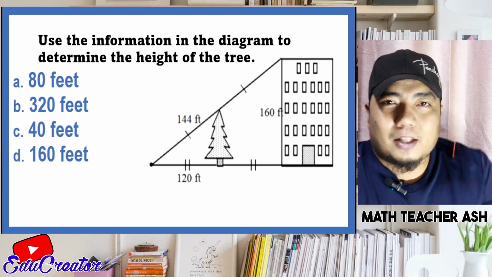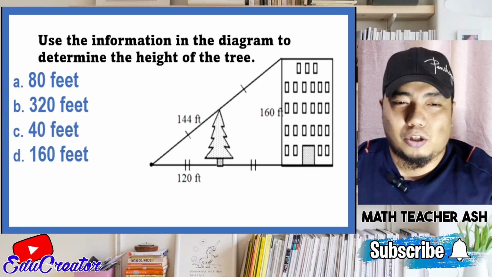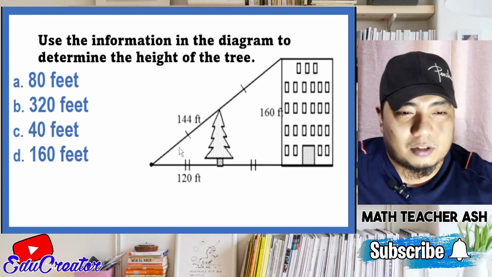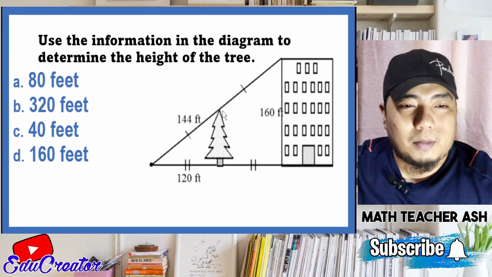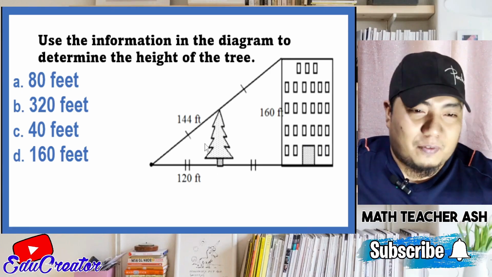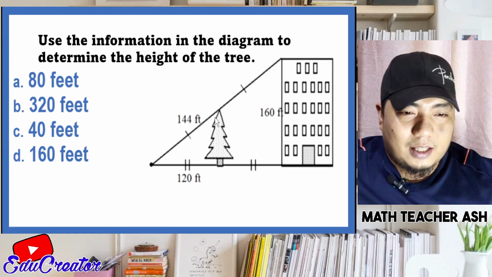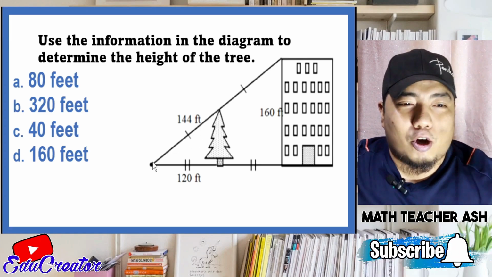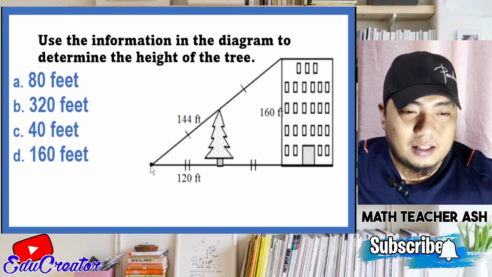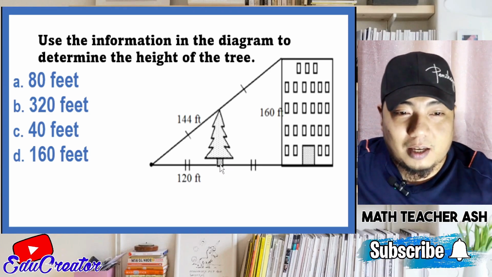My dear math learners, in solving these kinds of questions, you should first look at your diagram. The problem here is, what is the height of this tree? If you observe, there is already the measurement from a certain point to the top of the tree, and from this point to the base of the tree.